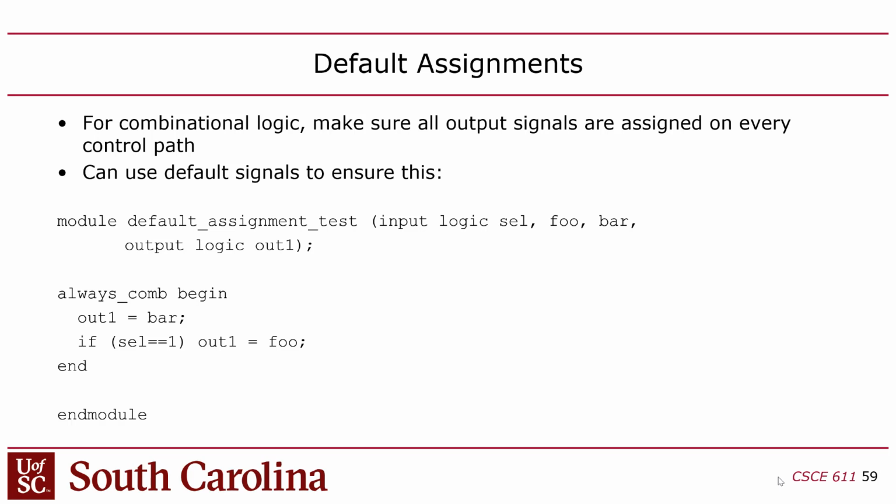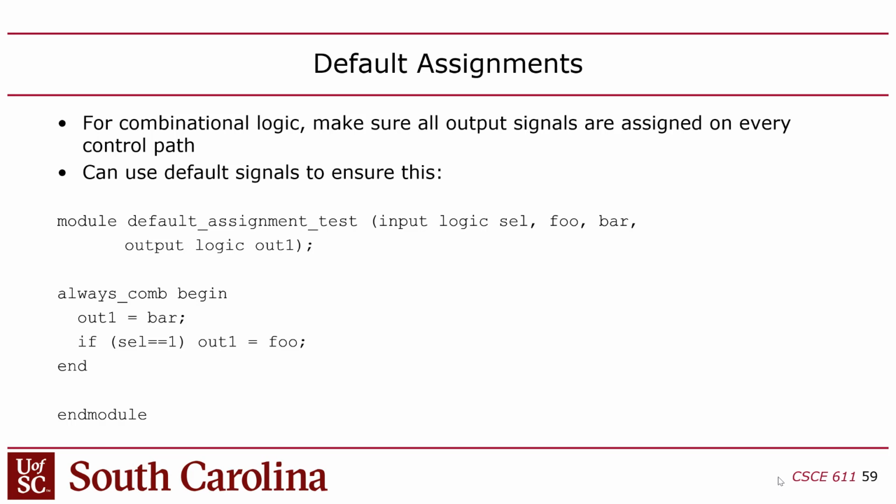So what I mean by that is imagine if I didn't have that first line of code here, right? Say I just say always com, and I said if select equals 1, out 1 equals foo, right? If you do that, and you set select to 0, then it will never drive out 1. It will never set out 1, right?